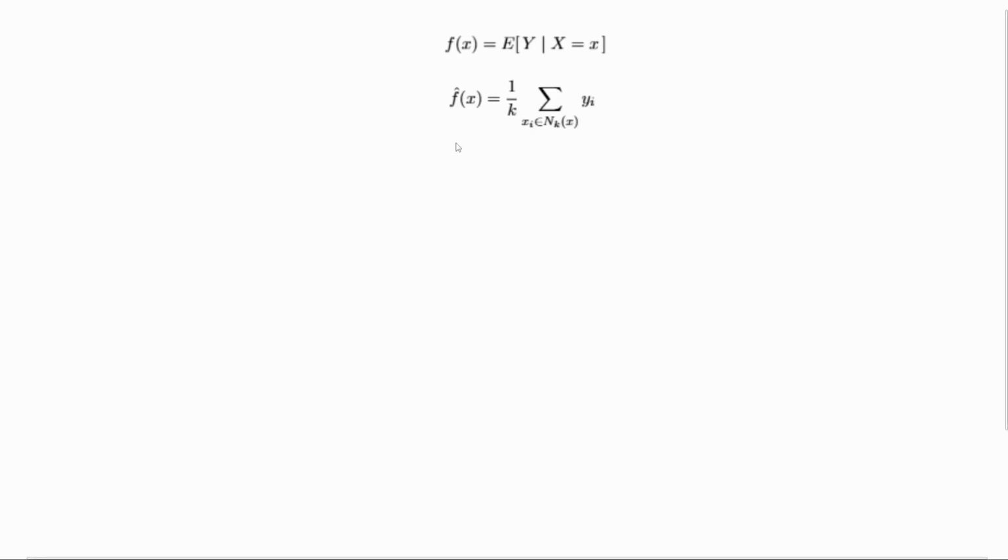Alrighty, so here's how KNN estimates that regression function. It basically takes the sum of all the y values in the neighborhood around your point, and then divides by k, which is the size of the neighborhood, and so you get an average. So again, KNN is just substituting a local average for a conditional one, and that substitution is only as good as the neighborhood it's built on.